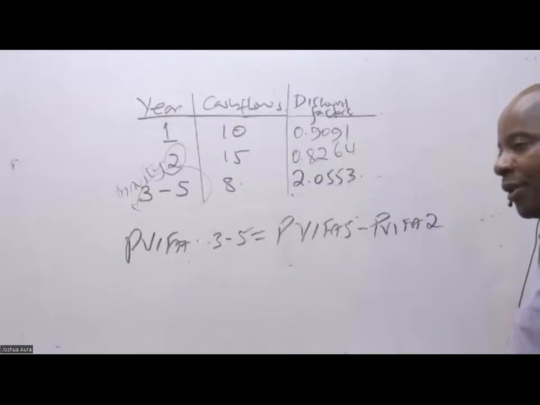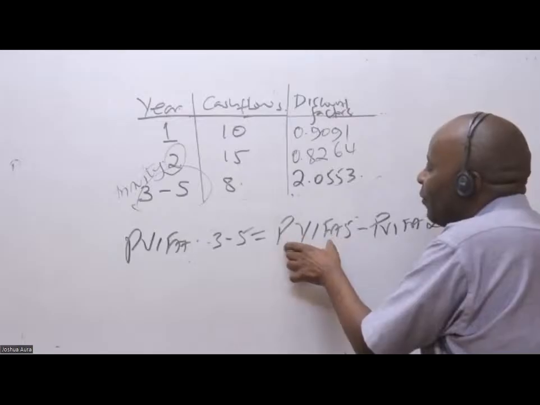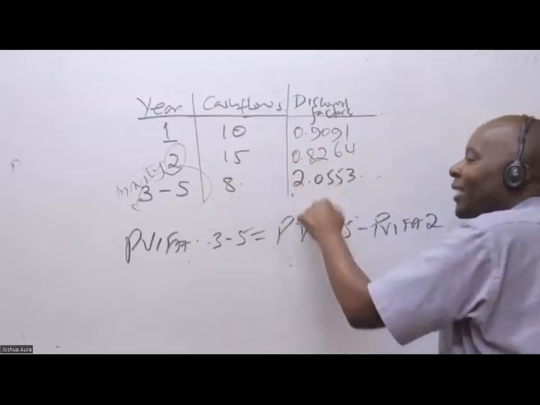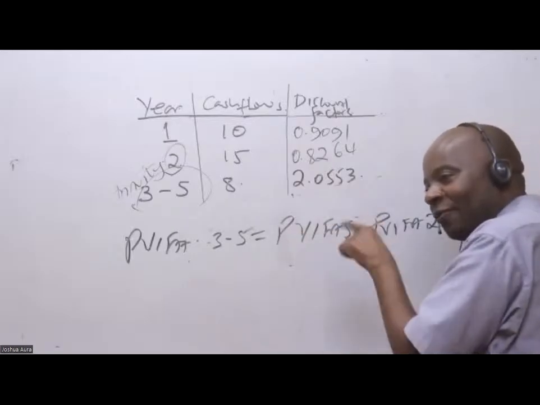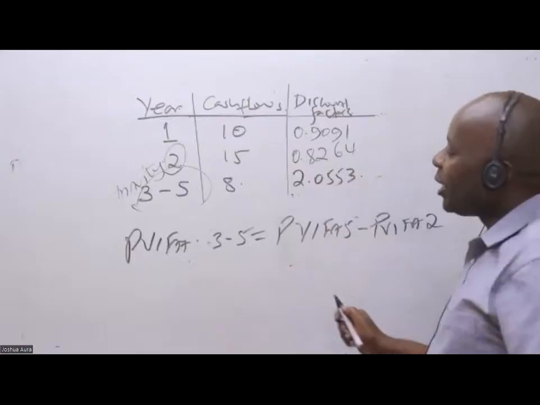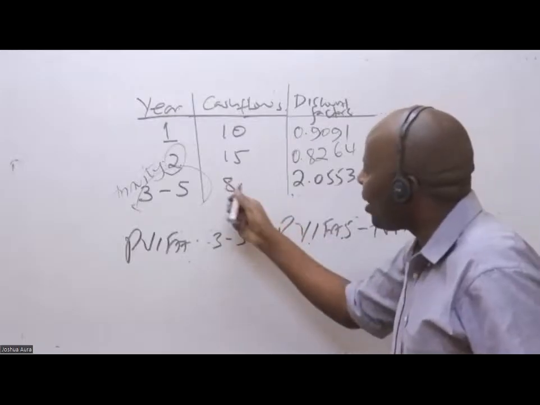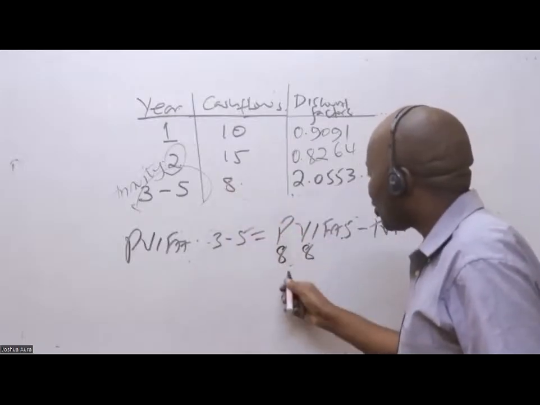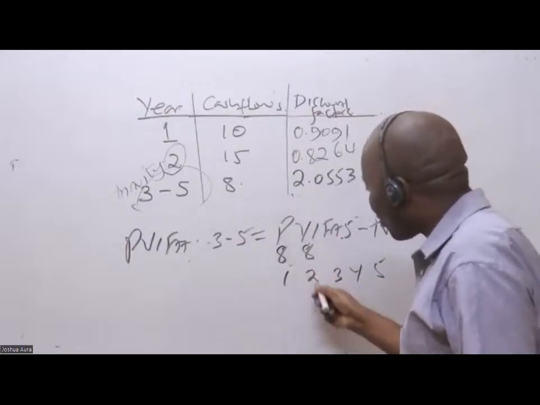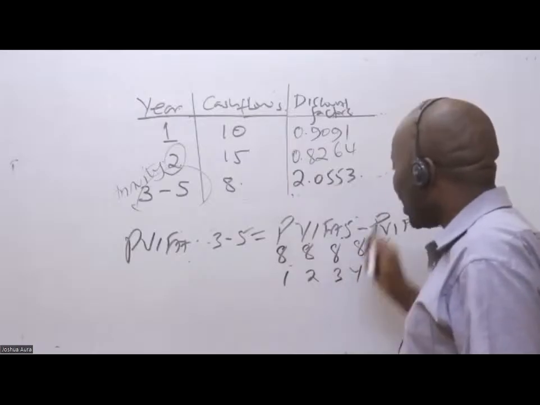You can't say you are taking PV for 5 and then minus PV for 2 simply because these are PV. It's PV first you are deducting. And why is that the case? When you say PV for 5, you are assuming that the first year was 8, the second year was 8, the third, the fourth, the fifth year was 8.